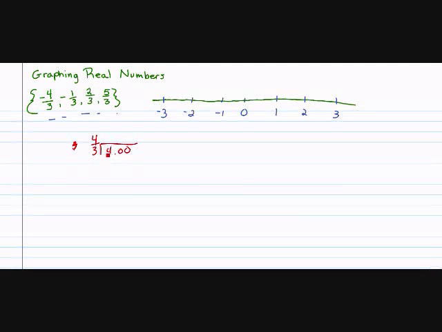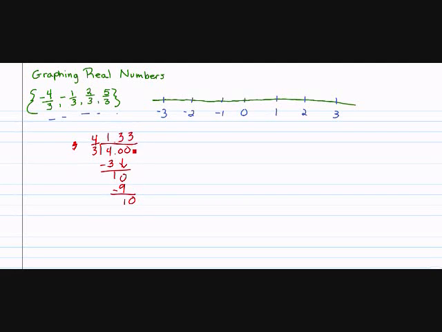Top number falls in. 3 goes into 4 once. 1 times 3 is 3. Subtract. Bring down my 0. 3 goes into 10 3 times. 3 times 3 is 9. 1. Subtract. Bring down my 0.